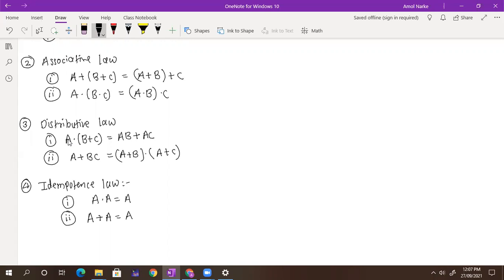Whenever you have such an A plus BC, you can write it in the distributive form, (A plus B) into (A plus C). Why?